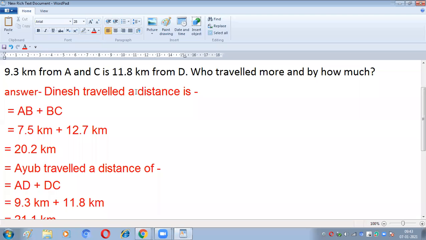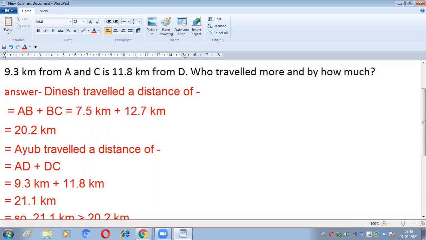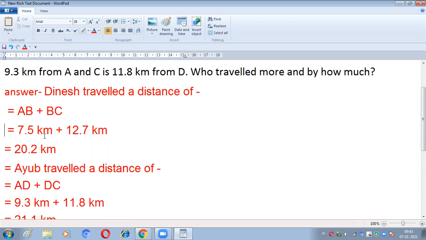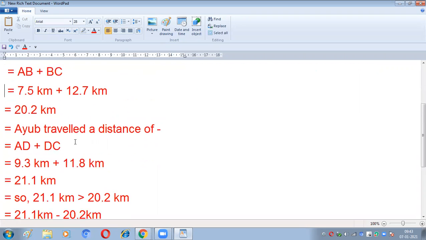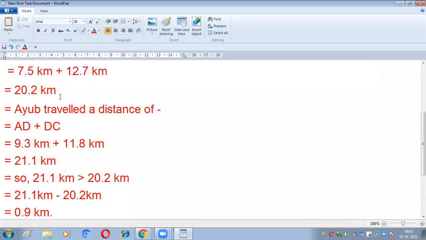Okay friends, this is the whole answer. Let me explain it in summary. Dinesh traveled a distance of AB plus BC. The measurement of AB is 7.5 kilometer plus 12.7 kilometer, that is equal to 20.2 kilometer.